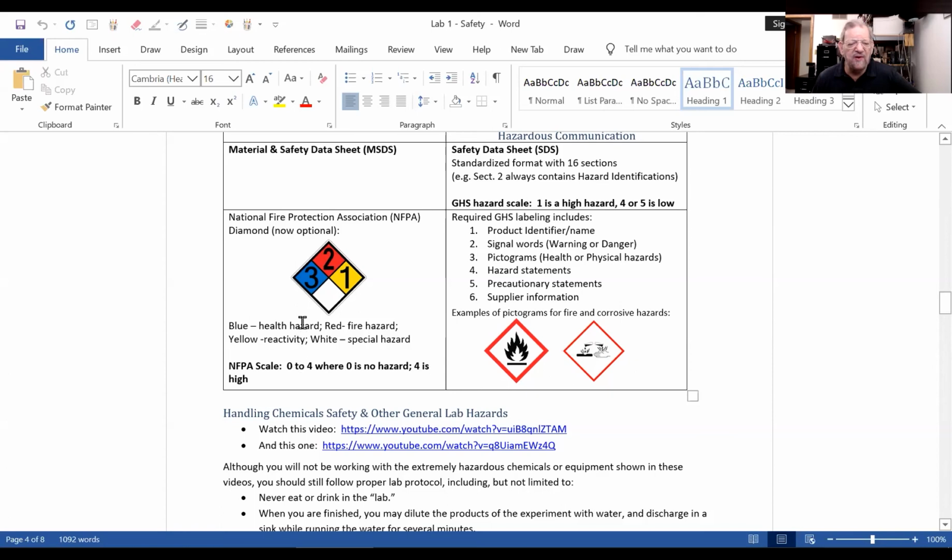Blue is health, red is fire, yellow is reactivity, and white is special hazard. I guess I am a special hazard. No, but I shouldn't joke about this. The higher the number, the more hazardous it is. When it's 4, it's quite high. When it's 0, it's not hazardous. And the thing I'd like you to look at is the blue one. Now, how do you find an MSDS sheet?